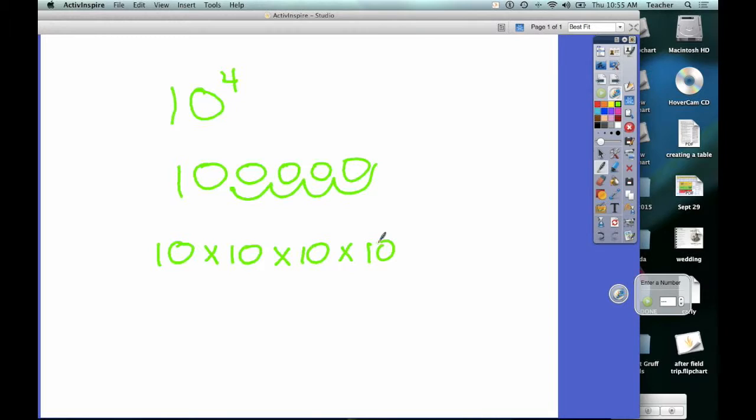But let's say I have ten to the power of 1 is 10, but what do you think this is? Yep. 10 to the power of 0 is 1.